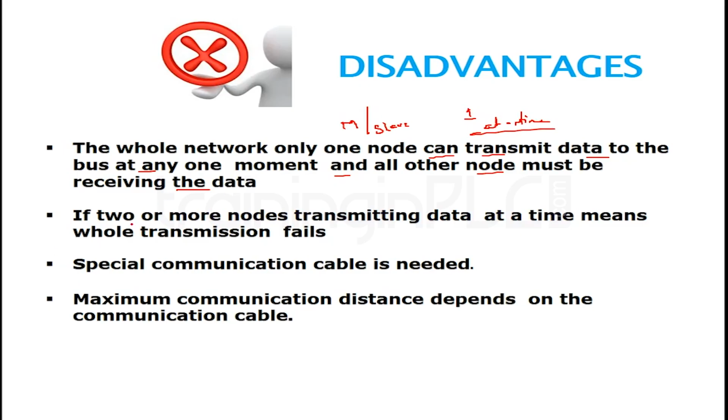In RS-485, if two or more nodes transmit data at a time, the whole transmission will fail, because two nodes cannot send data at the same time. If that happens, it will raise an error and the whole transmission will fail. And this is a special communication cable. Maximum communication distance depends on the communication cable.